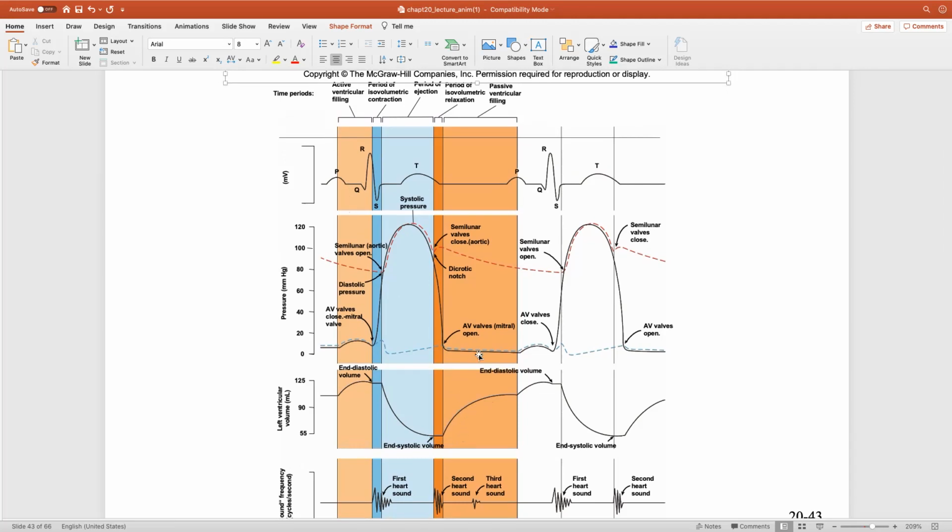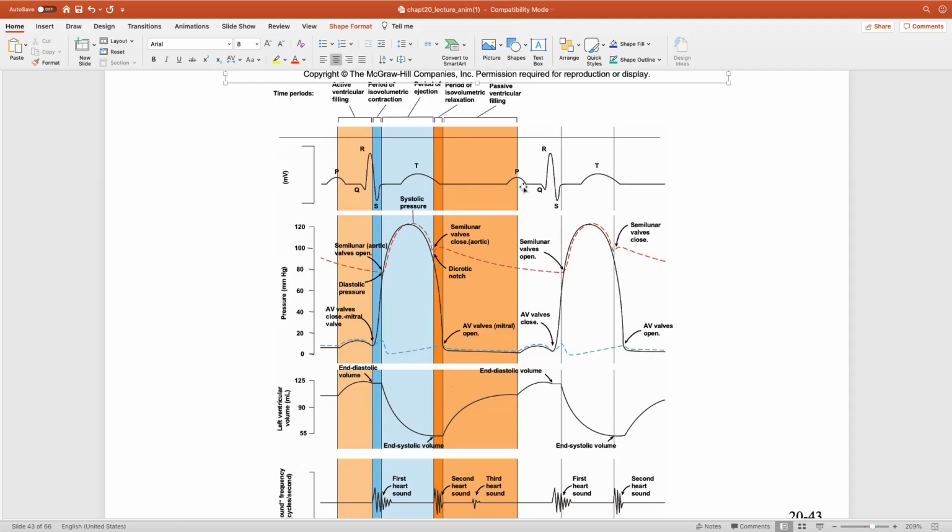Instead of having this prolonged passive filling, as soon as we recover, we have another contraction. When that happens, we are very dependent on active filling. Again, during a normal, quiet, resting heart rate, all we need is passive filling because you have such a long time between heartbeats.